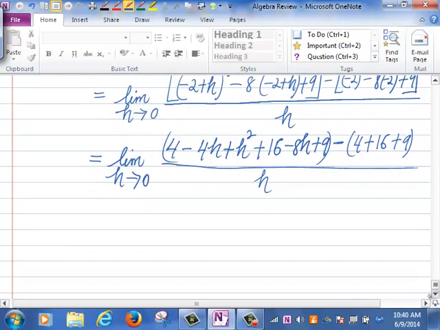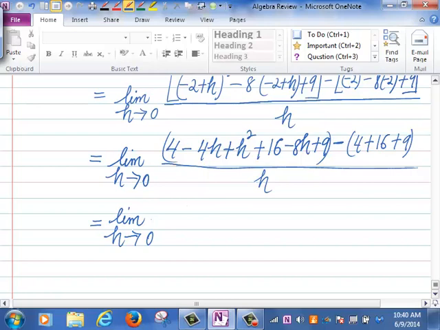Alright, so now notice, let's see what we have. Note that I have a 4, 16 and 9, right? I also have a 4, 16 and 9 in the first pair of parentheses, and in the second pair of parentheses I also have 4, 16, 9, and they will cancel out, right? You guys agree with that? They will cancel out?